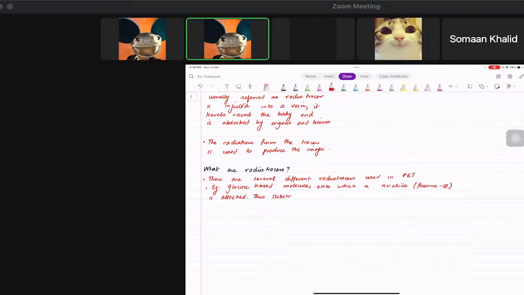This substance is called fluorodeoxyglucose. Okay. You don't need to remember the name, by the way, just for your information.